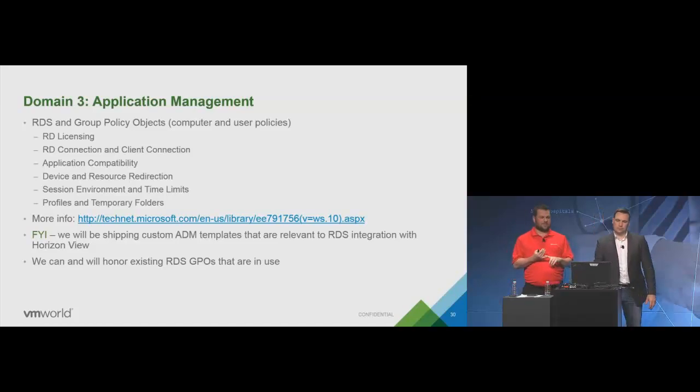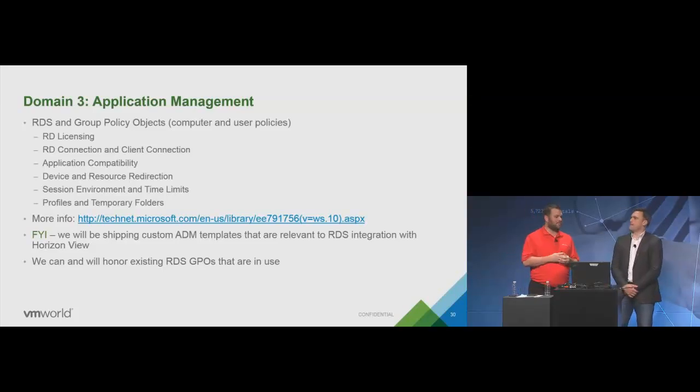Making sure your licensing is there, making sure of compatibility, making sure that your device and resources are set correctly. A big one: profiles, if we have people who need to save data, making sure profiles are set up correctly. So we put some reference material in here for you from Microsoft's TechNet, but it's pretty straightforward. It typically just works or it doesn't from an application publishing standpoint.